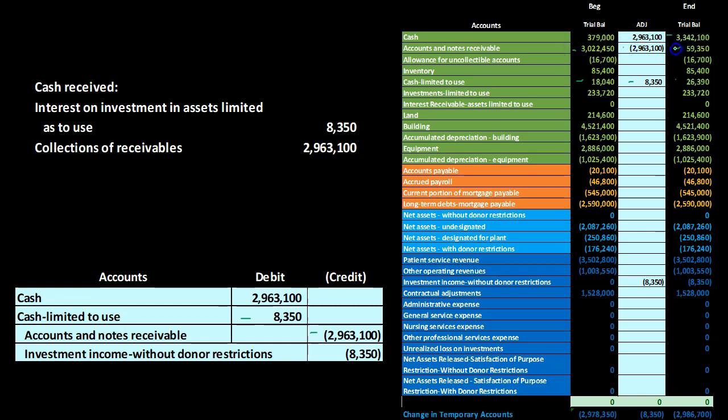So the accounts receivable is decreasing. And we have the investment income without donor restrictions. It then goes up in the credit direction. As it goes up, it will be increasing what would be like the net income. So you can see this increase down below by the $8,350. Notice that that's the only amount of this transaction that has an effect on what would be the net income.